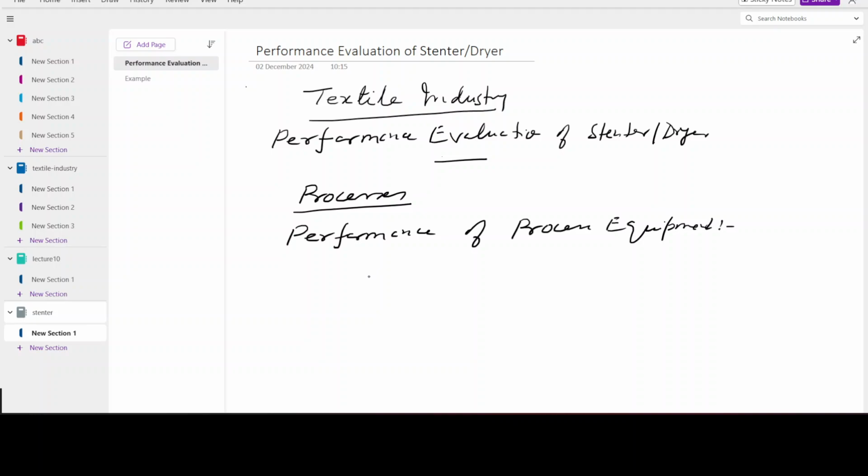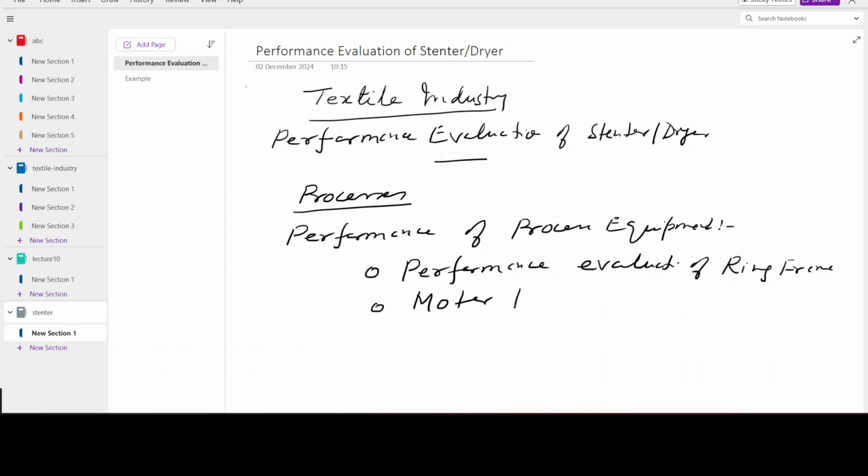Some of these are performance evaluation of ring frame. Another is motor performance monitoring.